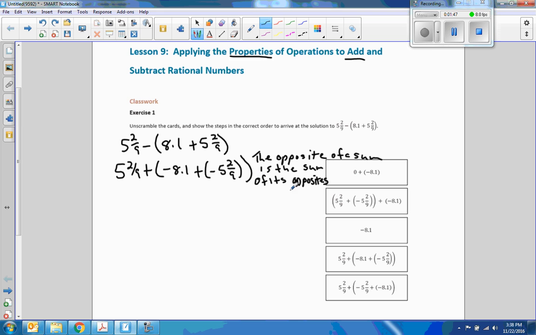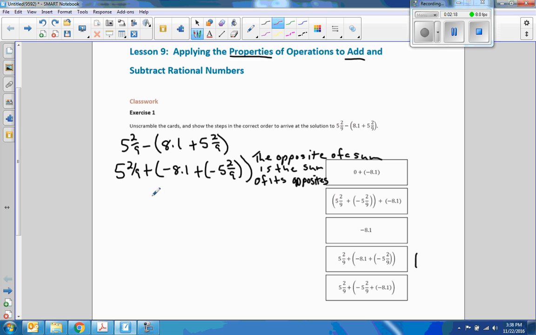If you're confused about this, I would suggest going back to lesson 8, example 1. That will explain the opposite of the sum is the sum of its opposites. So which one is this? 5 and 2/9 plus, with a negative outside the parentheses, so it's one of these two, and then negative 1/8, so there's number 1. Now we're going to move on.